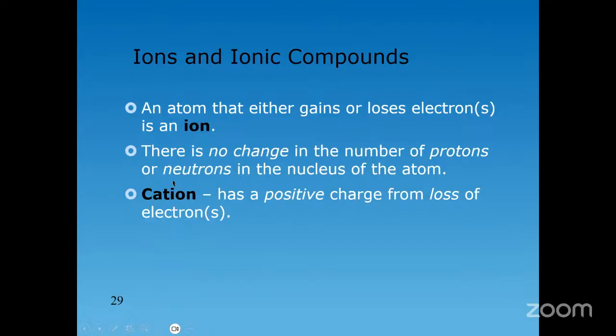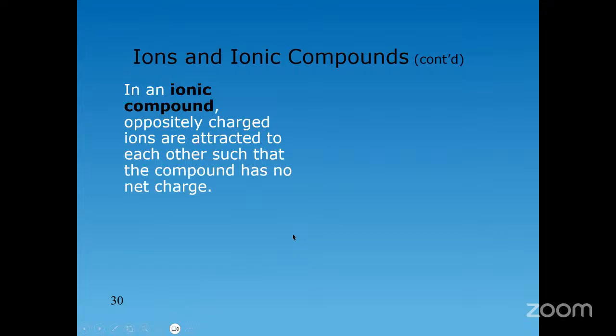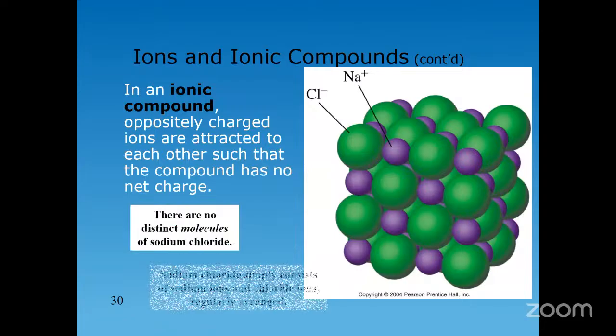Now, if the atom loses electrons, it forms a particle with a positive charge, and these are called cations. On the other hand, if the atom gains electrons, then it will end up with a negative charge, and we call it an anion, all right? So we have cations and anions formed by the loss or the gain of electrons, respectively. One key thing you need to remember is that in an ionic compound, you must have the same number of opposite charges, so that it becomes a neutral compound.